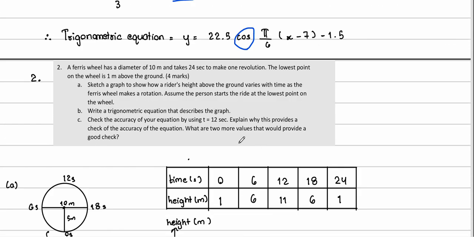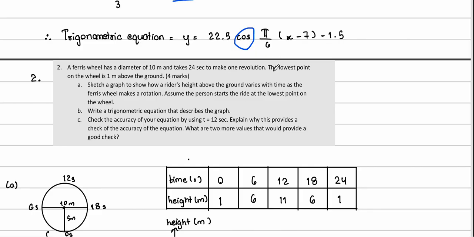So for number 2, a Ferris wheel has a diameter of 10 meters and takes 24 seconds to make 1 revolution. The lowest point on the wheel is 1 meter above the ground. Part A: sketch a graph to show how a rider's height above the ground varies with time as the Ferris wheel makes a rotation. Assume the person starts the ride at the lowest point on the wheel.